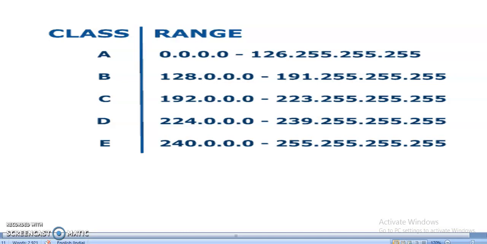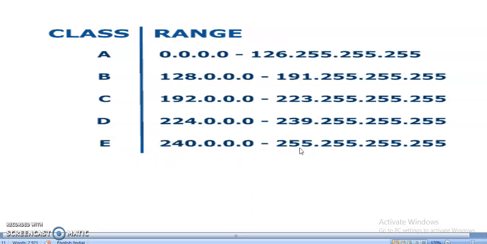In class B, the range starts from 128 to 191, and the next 2 octets are left for the host ID. In class C, the range starts from 192 to 223. D starts from 224 to 239, and E ranges from 240 to 255.